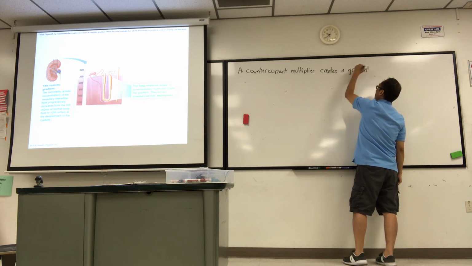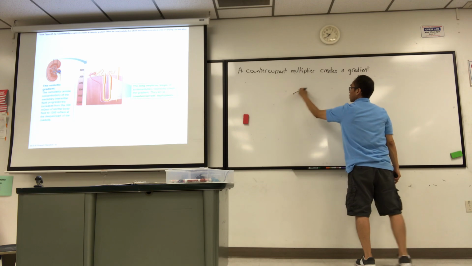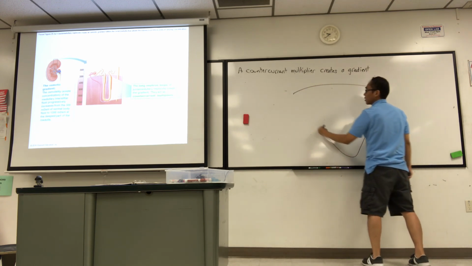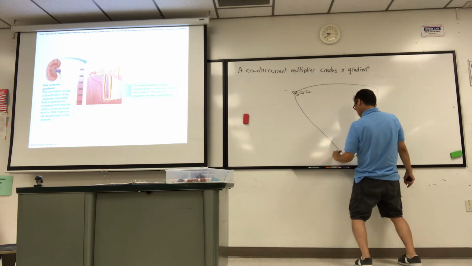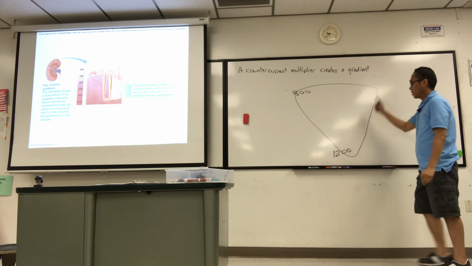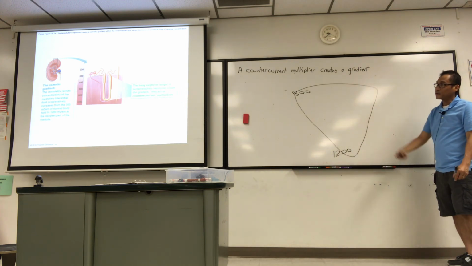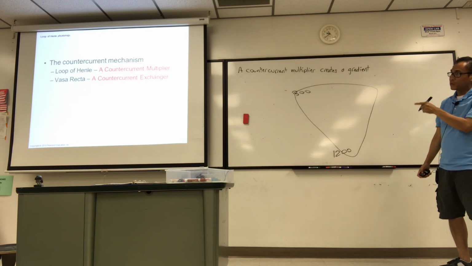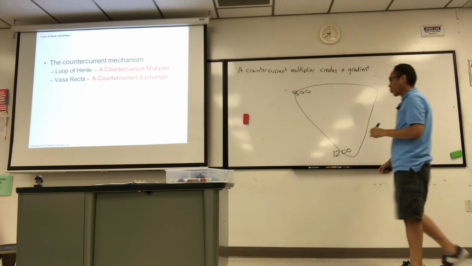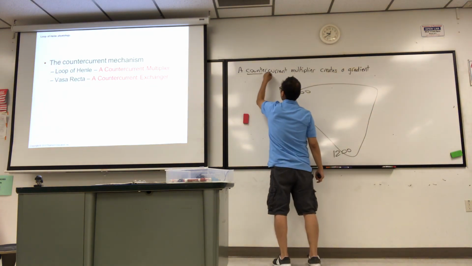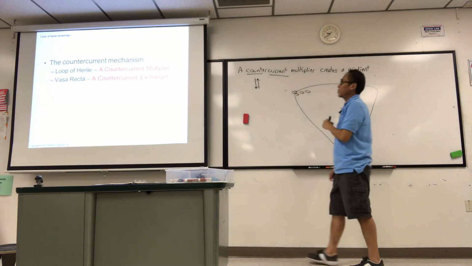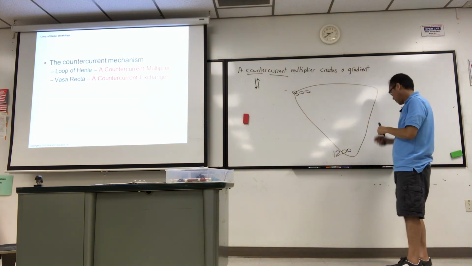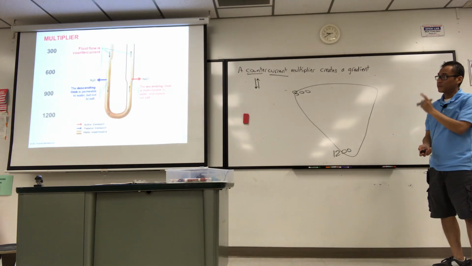So what I'm writing is, it creates a gradient from around 300 at the top to around 1200 deeper in the medullary pyramid. We're going to see that you have a multiplier, but then we're going to study the blood supply, which is an exchanger, but both are countercurrent, which simply means fluid flows down and then fluid flows up right next to it. You have this hairpin loop. Look at this picture here.